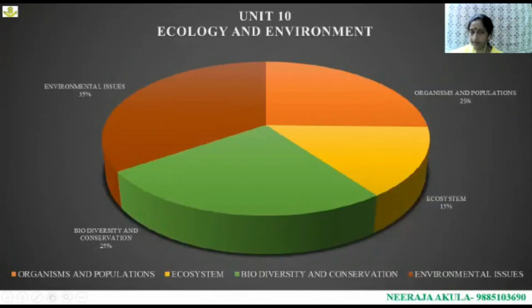Here is the 10th unit, Ecology and Environment, which has 4 chapters: Organisms and Populations, Ecosystem, Biodiversity and Conservation, Environmental Issues. Of these 4 chapters, the maximum number of bits appeared from environmental issues.